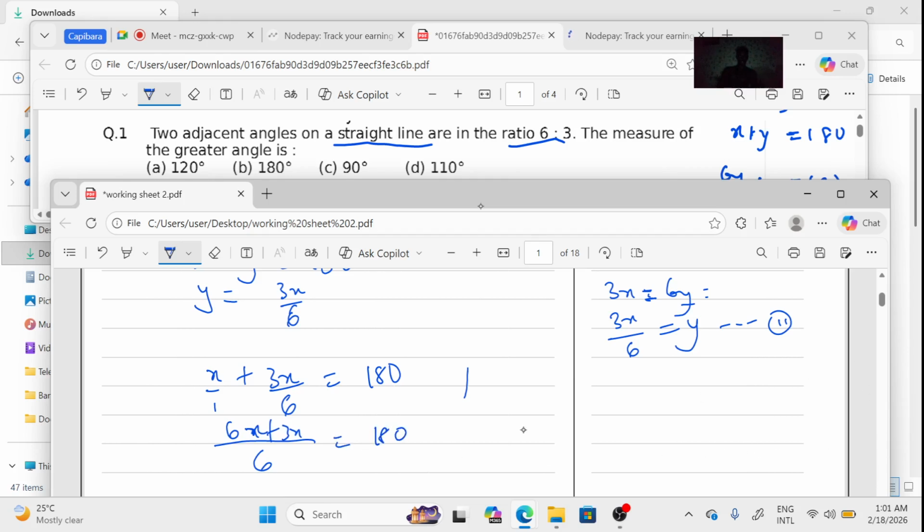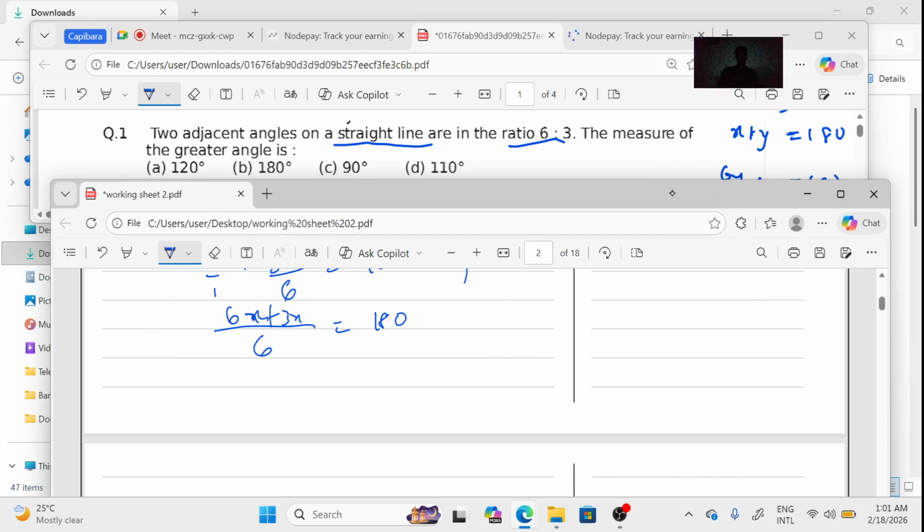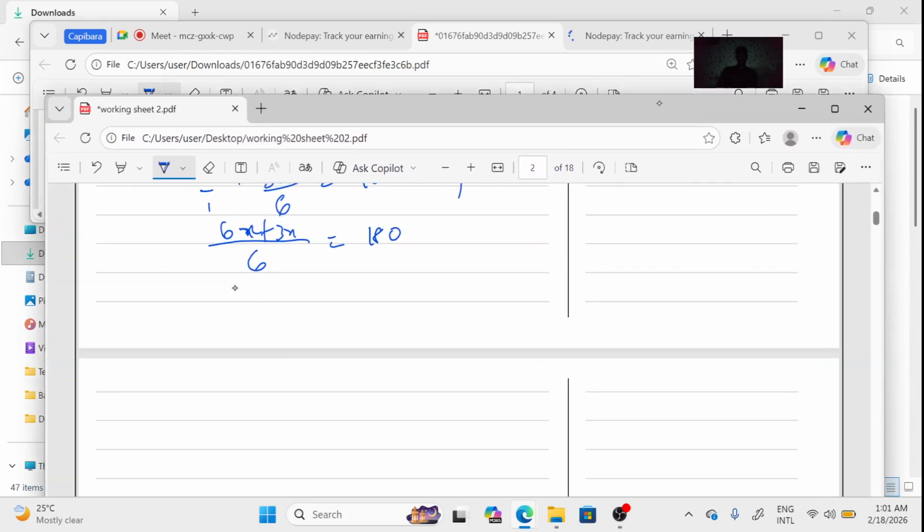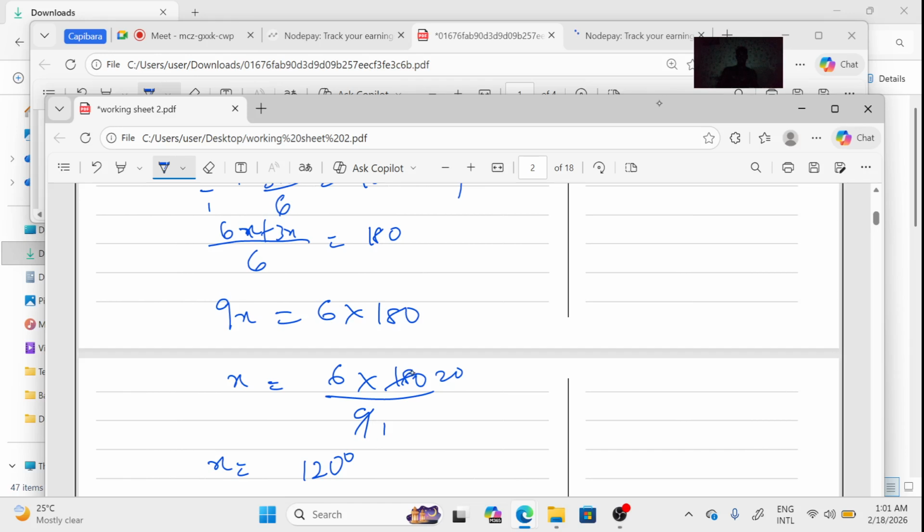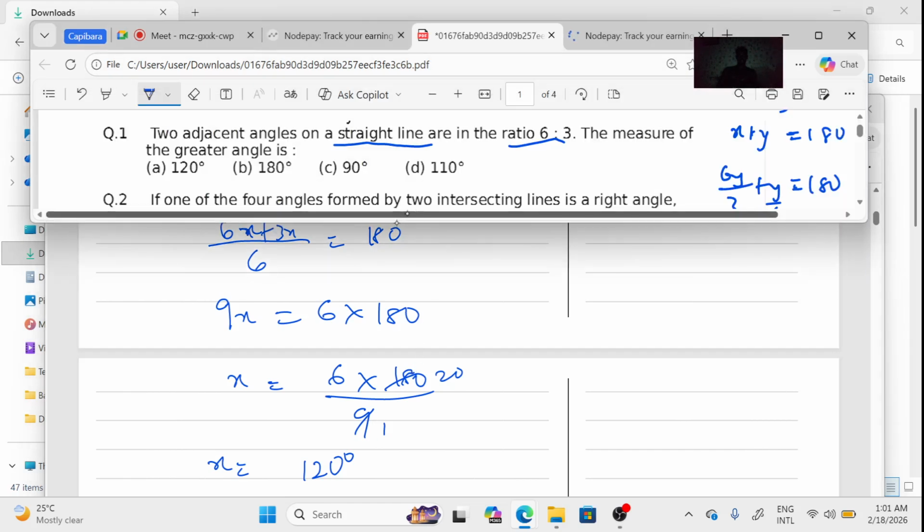So that is already 9x equals 6 multiplied by 180. Then I can have my x to be equal to, divide both sides by 9. That's 9 here 1, 9 here 20. 6 multiplied by 20 is 120 degrees. Okay, so that makes 120 degrees the answer.